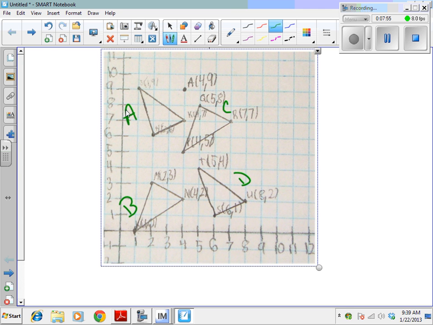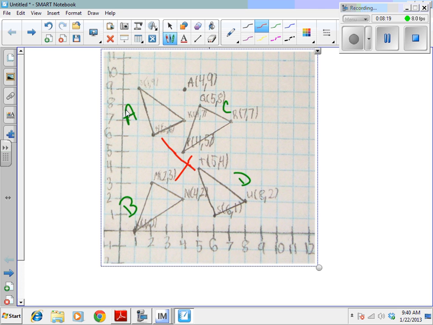What can you tell me looking at these two triangles and these two triangles? What can you tell me looking at letter A and letter D? No, I'm not worried about congruency or anything. What can you tell me about them?